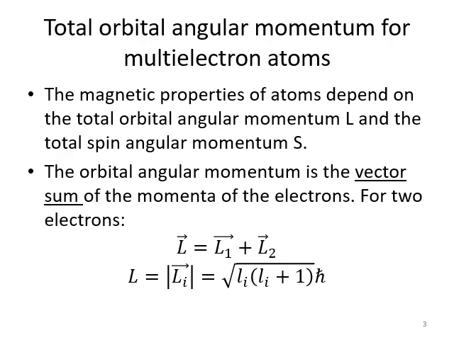We have talked about the properties of an electron, which has orbital angular momentum and spin angular momentum, both of which give rise to a magnetic moment.